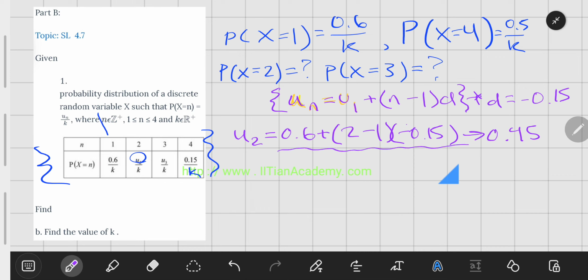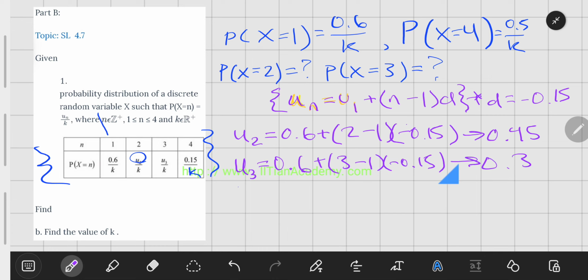In this case, we have n equals 1, 2, 3, and 4. We have 4 values in our sequence.